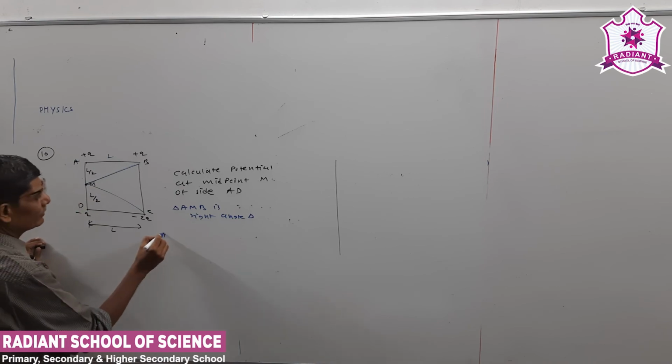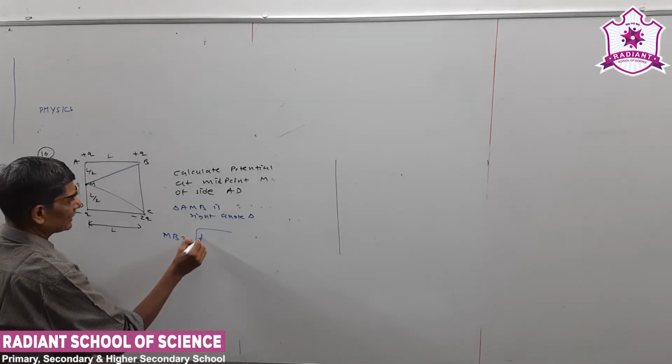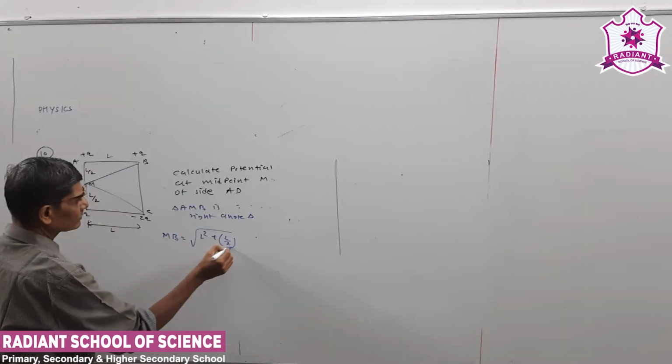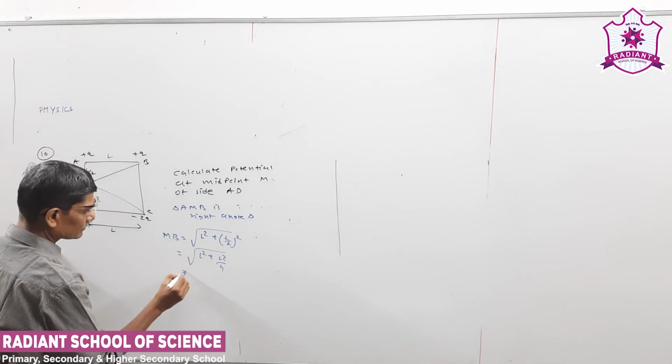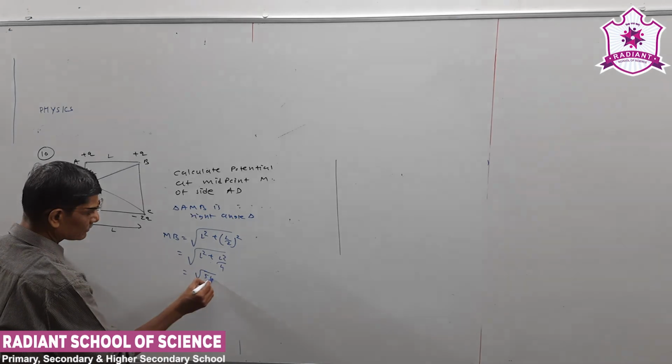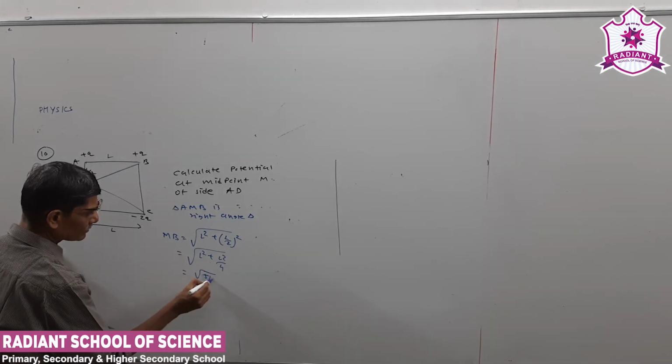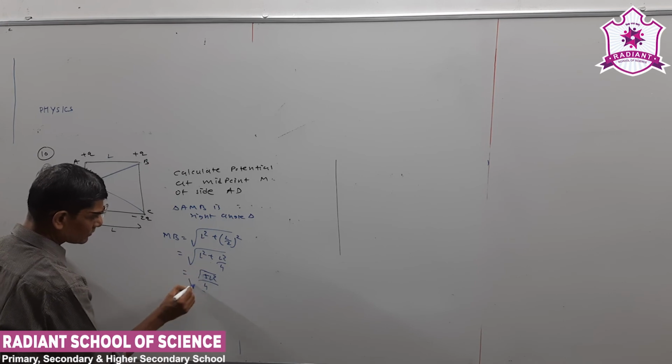So MB will be the square root of L square plus L by 2 whole square. Okay, this is how we can write.